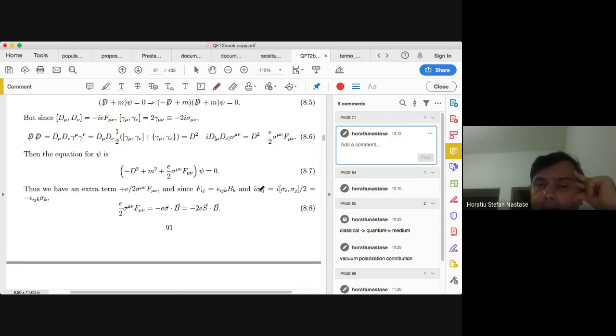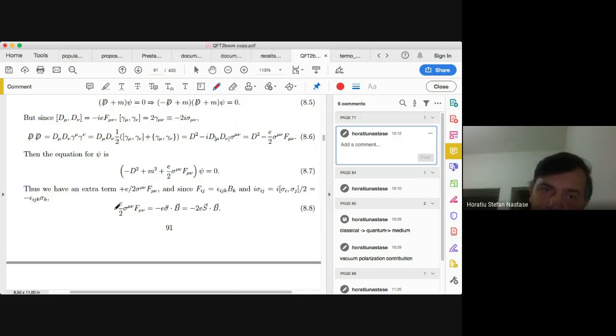And then for the matrix, i sigma_ij is i times the commutator [sigma_i, sigma_j] over 2, which, as you know, for the Pauli matrices gives minus epsilon_ijk sigma_k.